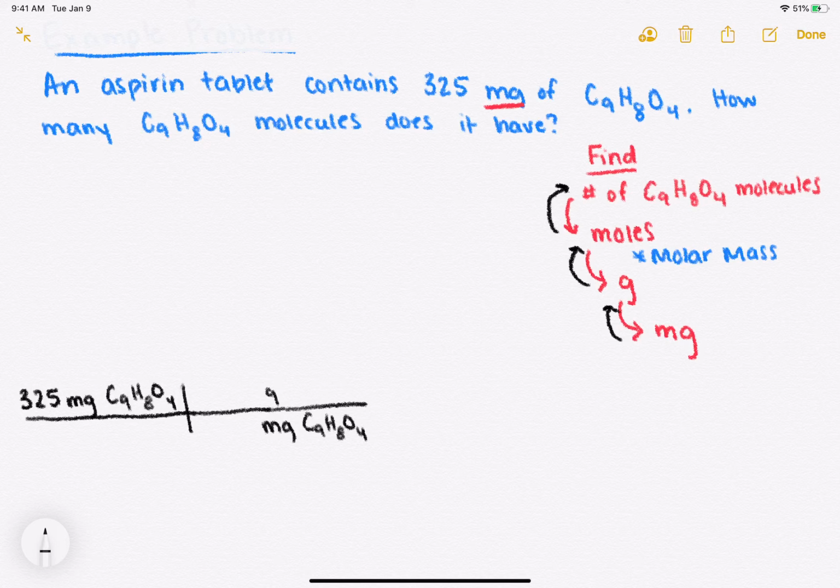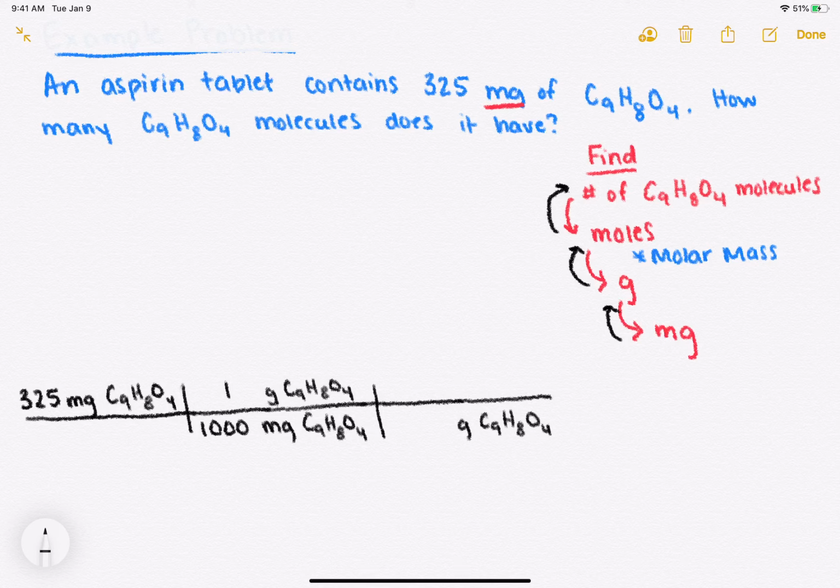And we're trying to get to grams of C9H8O4. So now you want to ask yourself, how many milligrams are in a gram? There's 1,000 milligrams in 1 gram. And now we're at grams, so grams of C9H8O4.